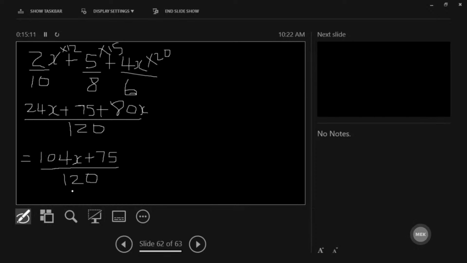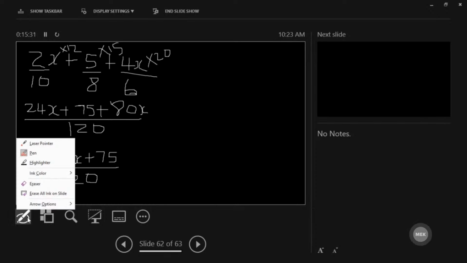Likewise, we could divide these by 4 or by 2, but neither 4 nor 2 can go into the 75, so we can't cancel that way. So this is how we have to leave it, as is.